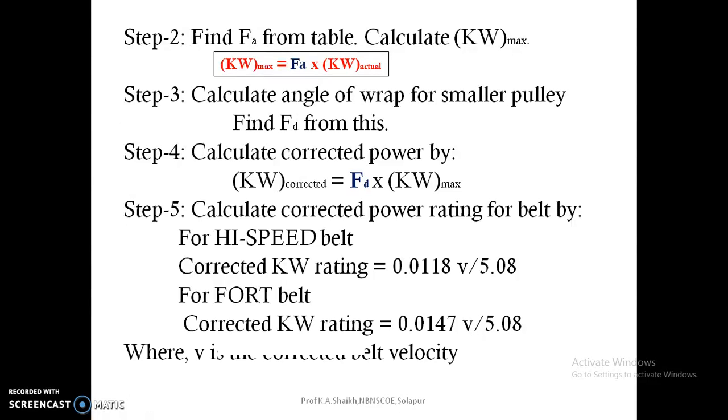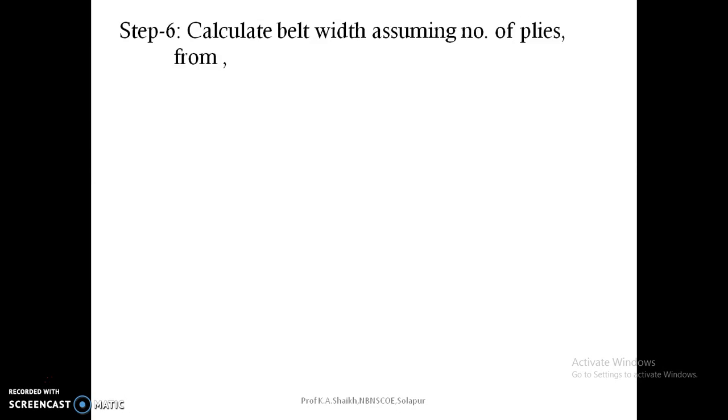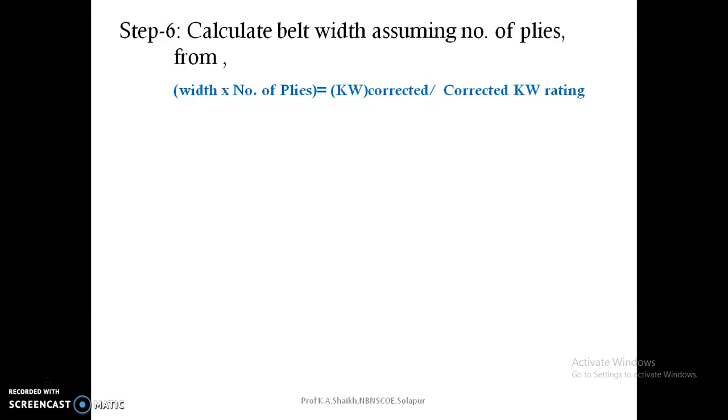Understood? Now after selecting the rating of the belt, the next step is to select the width and the number of plies for the belt. With the help of this formula, width into number of plies will be equal to kilowatt corrected divided by corrected kilowatt rating. For us, we already calculated the kilowatt corrected by multiplying by FD, so the corrected rating we already selected.